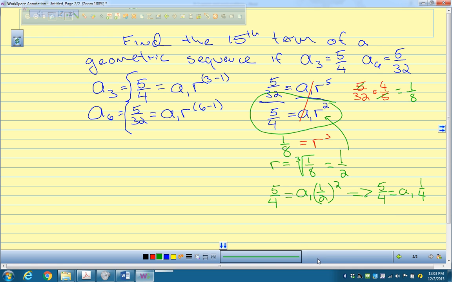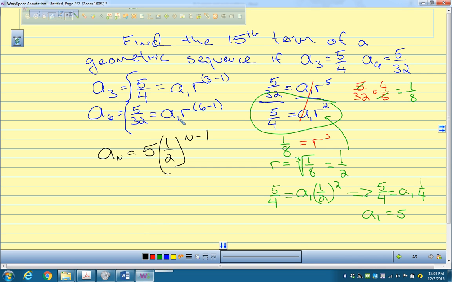So just by looking at it, can anyone tell me what a sub 1 is? 5, right? Because you could divide 5/4 by 1/4, you get 5, or you could just say, if I multiply this by 5, I get 5/4, right? And so therefore, my equation is a sub n is equal to a sub 1, which is 5, times r, which we found out is 1/2, raised to the n minus 1 power.